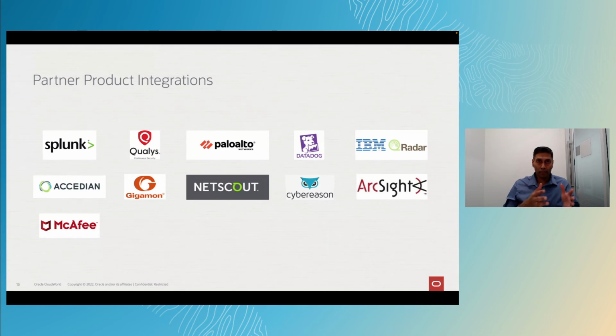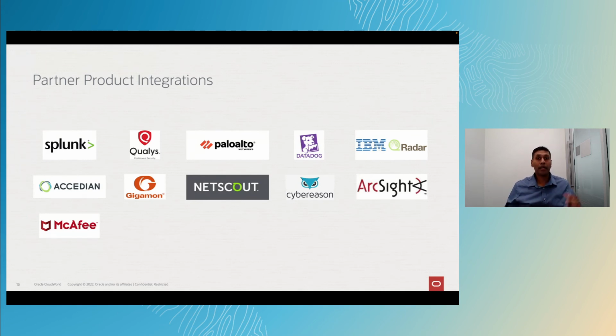Even though we have well-known partner products here, integrated into our solution and available via our marketplace, you are not limited to these third-party products alone. If you have your own third-party product that you want to bring in and integrate with the traffic telemetry that is being streamed or available via object store, it is pretty easy to do that as well.